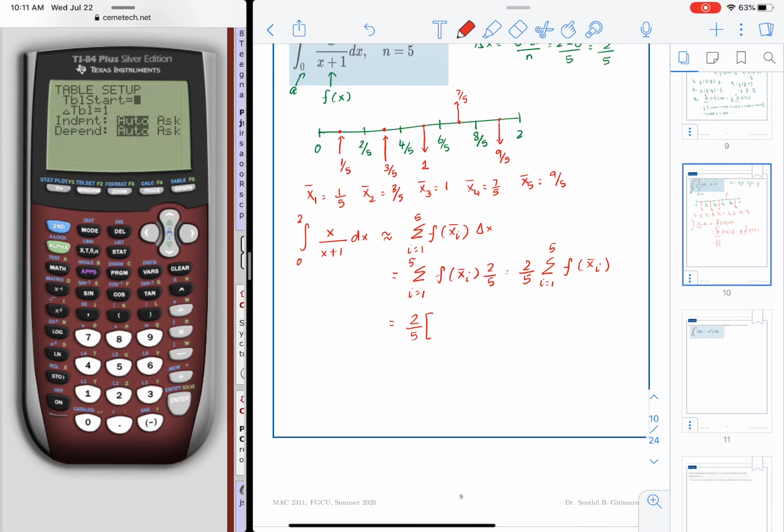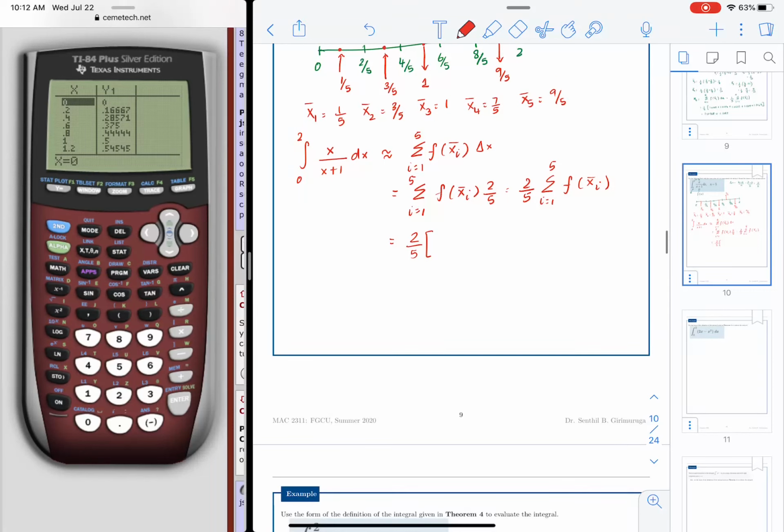We are starting at 0, and we will just increment it by 1 over 5. We have to pick every other value. So in other words, we have f of 1 over 5 plus f of 3 over 5, f of 1, f of 7 over 5, and f of 9 over 5.